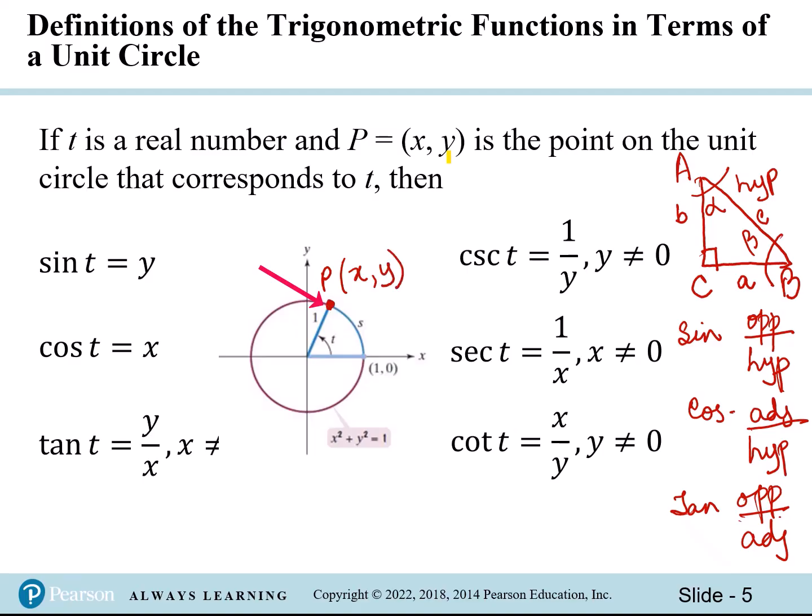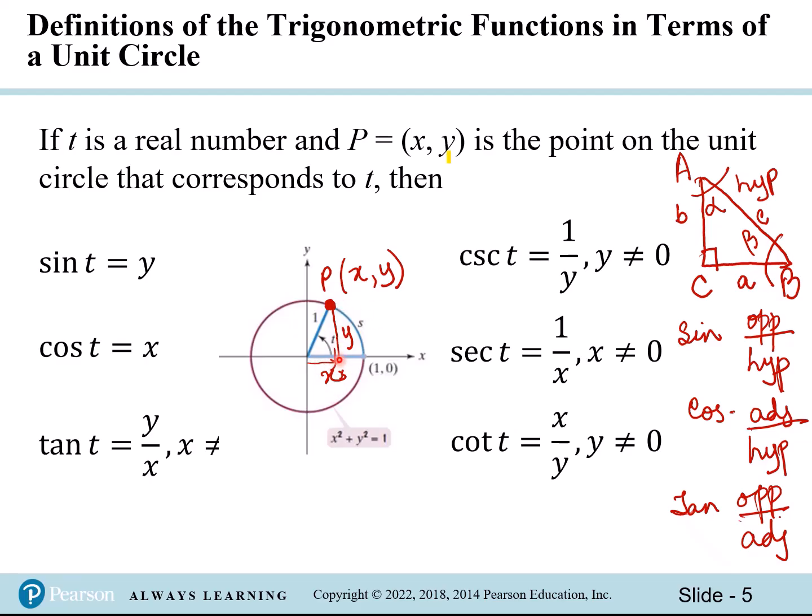This point will have coordinates x and y. What is x? X is the distance along the x-axis, and y is the distance up from here, right? So this distance is x and this distance is y. So now you see we have a picture of a right angle triangle. So here the right angle is over here on the x-axis.